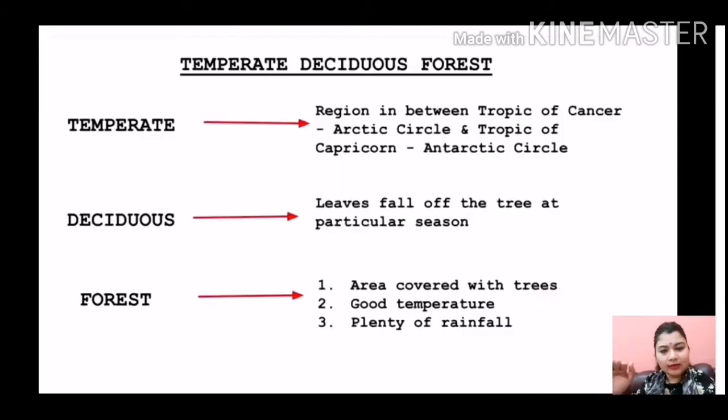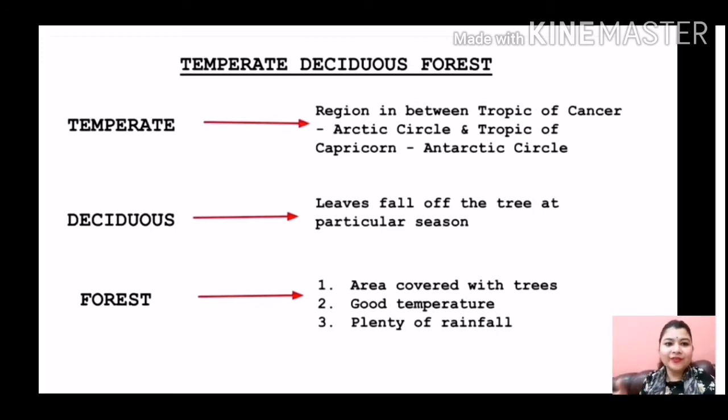Now temperate, again a mind map for you all. Temperate means the region in between Tropic of Cancer, Arctic Circle, Tropic of Capricorn and Antarctic Circle. But here the word deciduous is used. Deciduous means leaves which fall off the tree at a particular season, and we had known that this is basically in the dry season. The trees of this forest shed their leaves to conserve what?